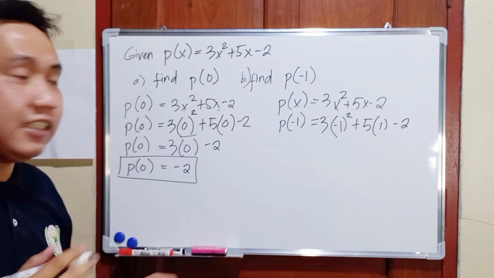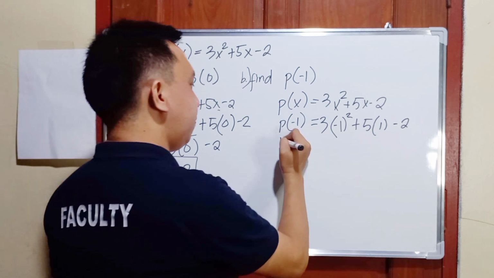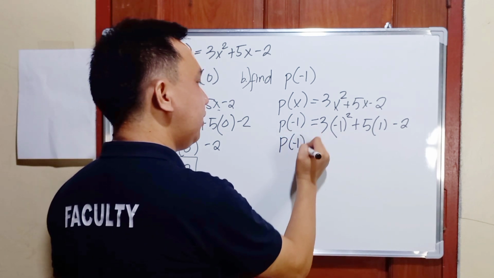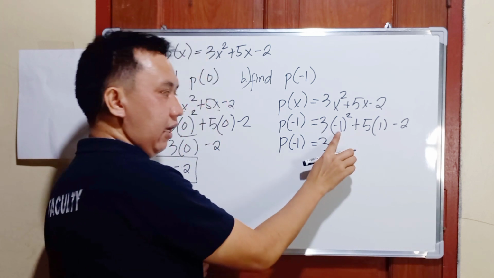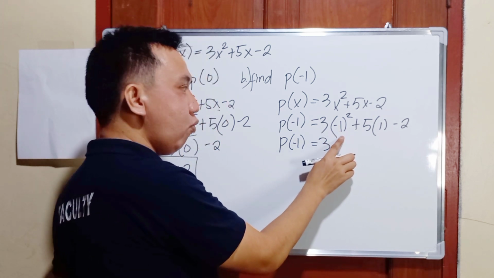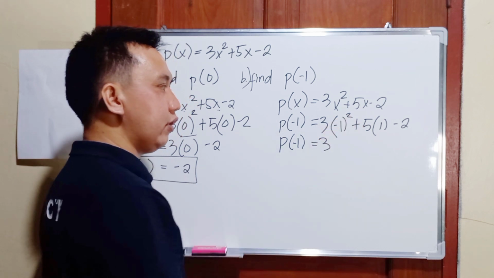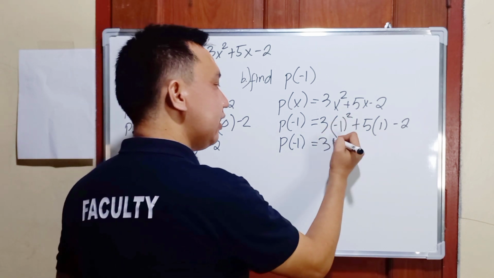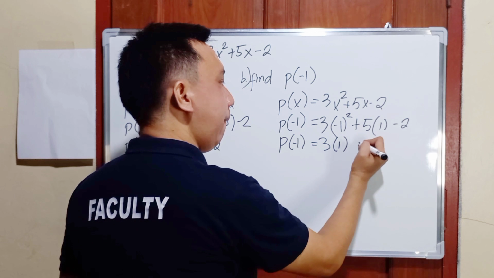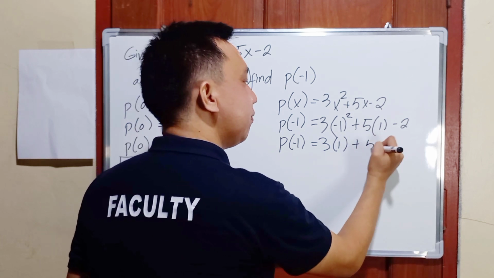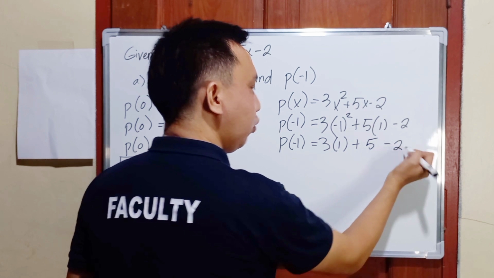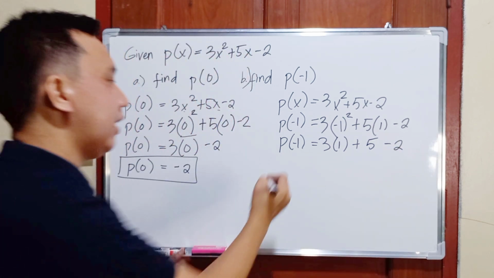Yan. Isi-simplify naman natin siya. P of negative 1 is equal to, kopyahin muna ang 3. Let us raise negative 1 to second power. So, negative 1 squared, that is positive 1. Plus 5 times negative 1, that is negative 5 minus 2. Ngayon, isi-simplify natin.